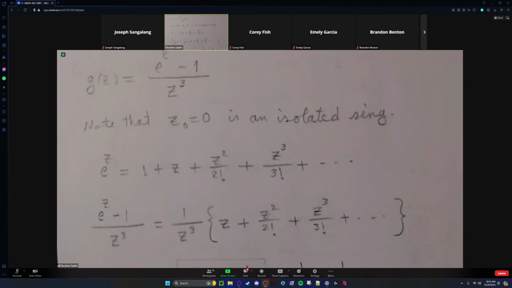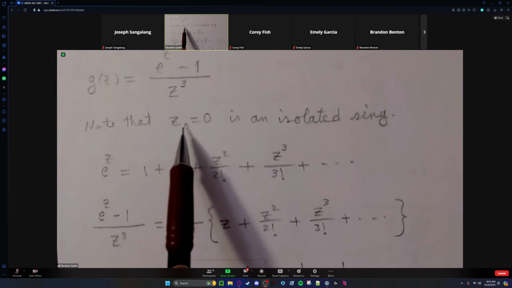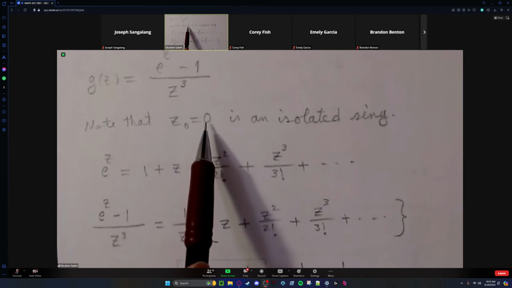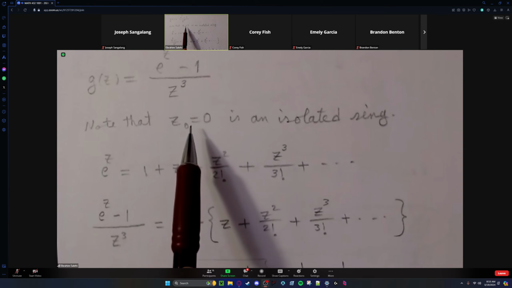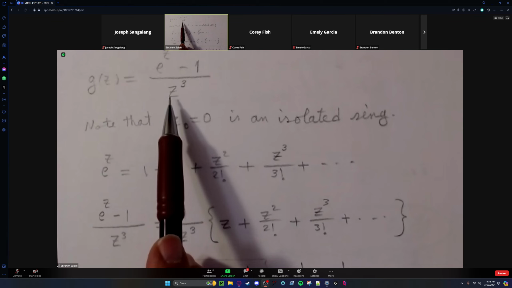Yes, all right. So here we have a singularity, 0. The question is, it's a pole, right? What is the order of this pole?